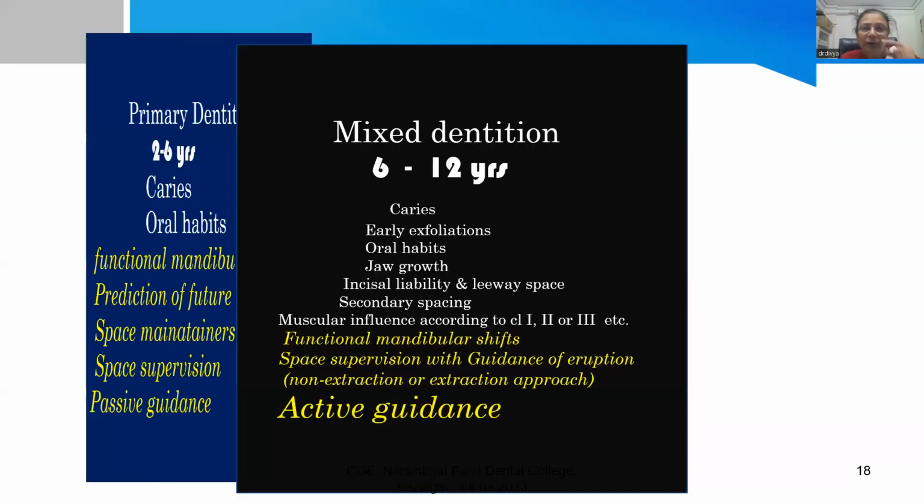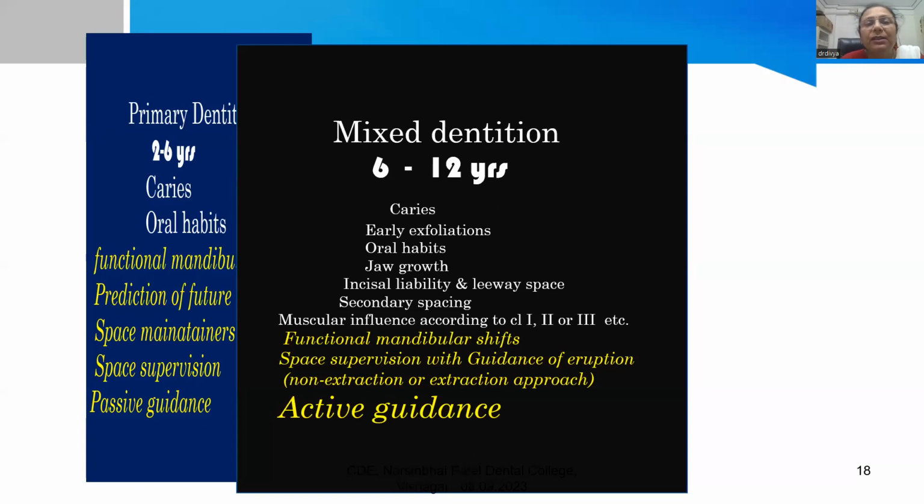While in the mixed dentition, a threefold increase of malocclusion may occur if it is not taken care of. Here also you have everything, but the environmental forces act very rapidly. If caries, early exfoliations, or oral habits are there, the jaw growth may change its pattern.